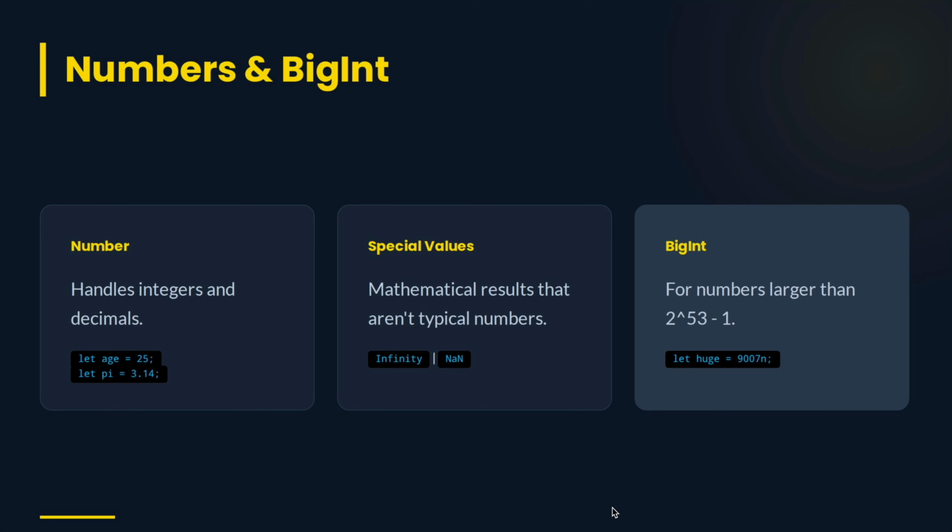The second data type is number. As the name suggests, number is used for numerical values. This includes whole numbers as well as decimal numbers. For example, someone's age, a price, a temperature, or a score can all be represented using numbers. One interesting thing about JavaScript is that it uses the same number type for both integers and decimal numbers.